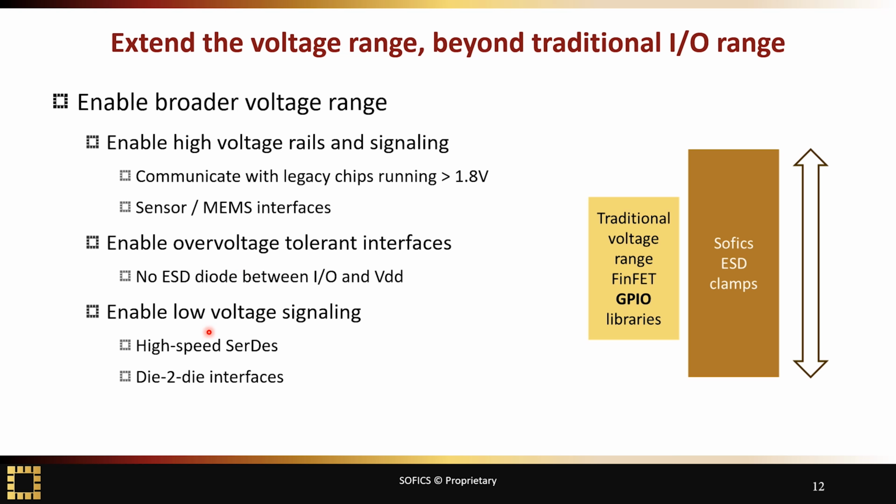And sometimes the voltage has to be lower, so maybe I/O voltage starts at 1.8, but people want to build interfaces at 1 volt or lower. That's also something Sofix can support and has supported in many applications.